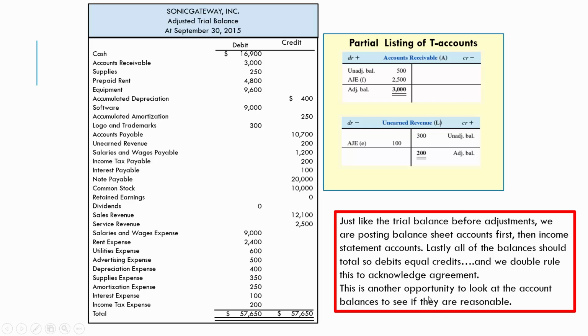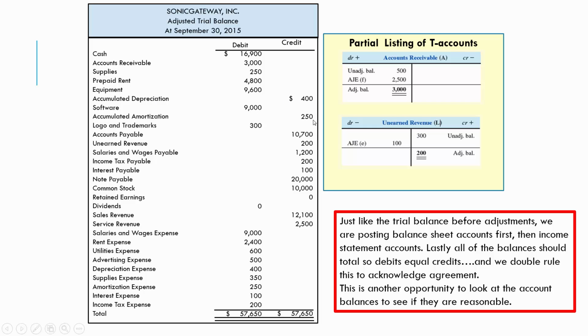This is an interesting thing here because in the previous slide we had unadjusted trial balance. Now we have just adjusted trial balance for the month of September. We go through and we look at these accounts. I believe we didn't have any salary or wages payable. Now we show it. We didn't have income tax payable. Now we have it. Accumulated depreciation is now showing up.